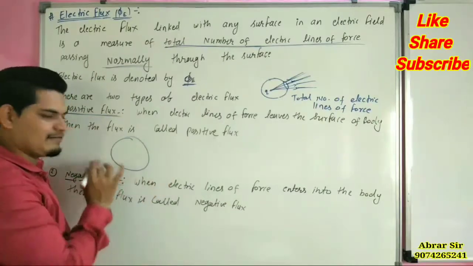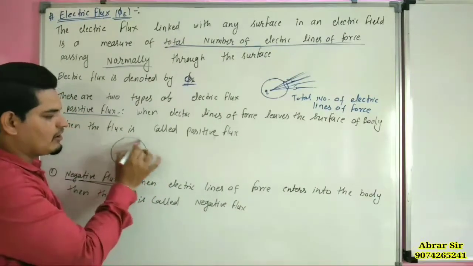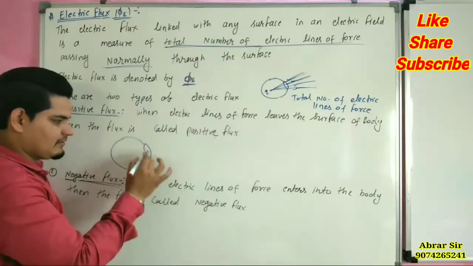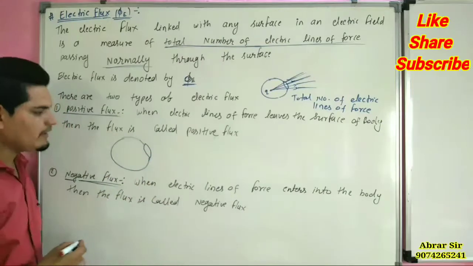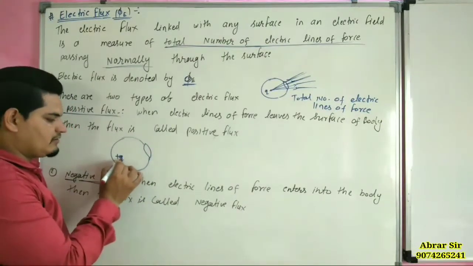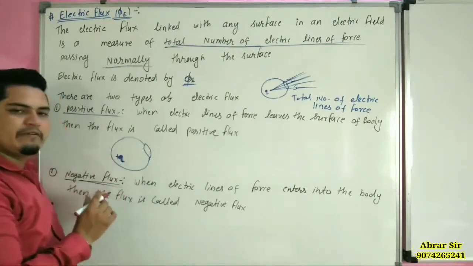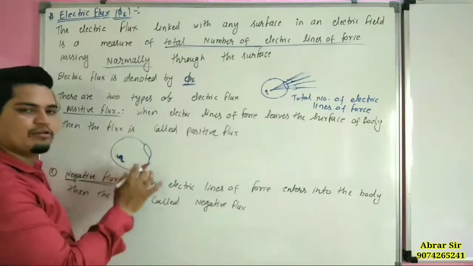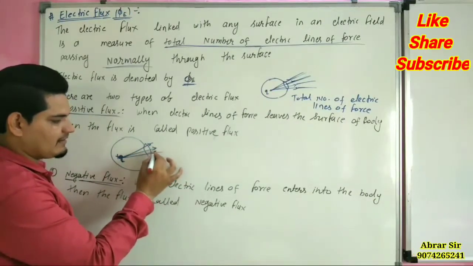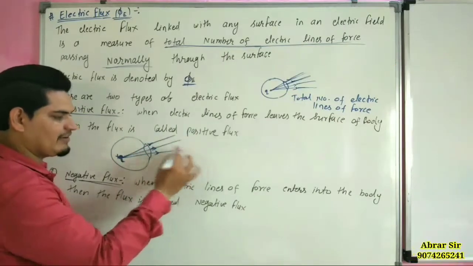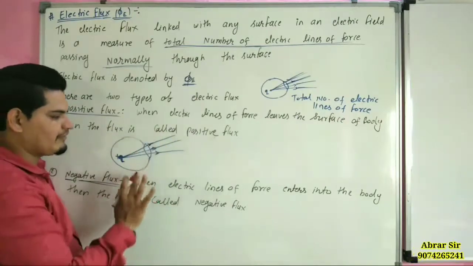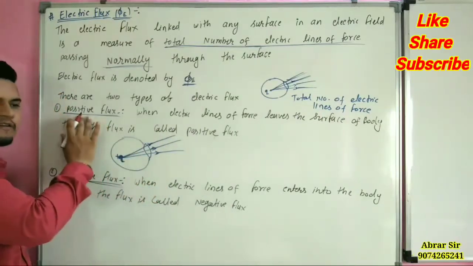If we consider a hollow closed surface and put a positive charge in it, it produces electric lines of force, and these lines go away from the surface. So the flux is called positive flux.